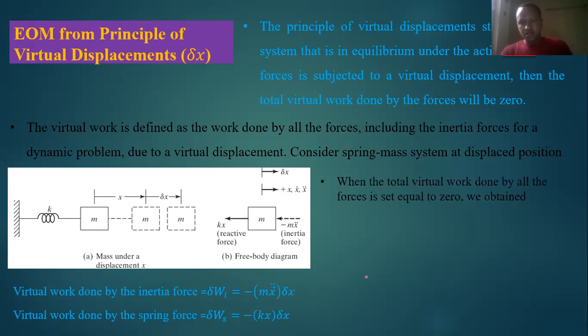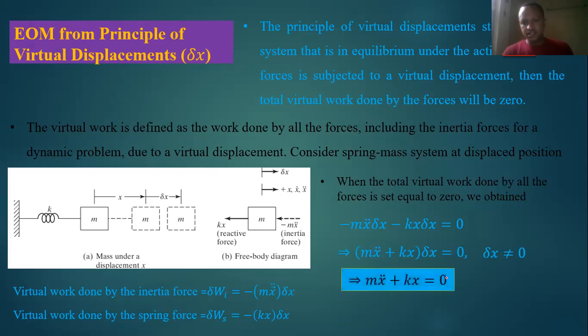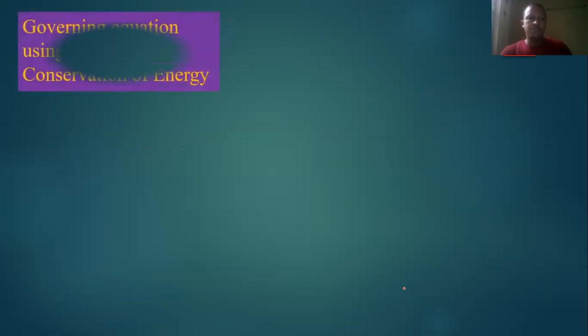When the total virtual work done by all the forces is set equal to 0, that gives m x double dot delta x plus kx delta x equals 0. Rearranging and removing the negative sign, m x double dot plus kx times delta x is equal to 0, and for delta x different from 0, finally m x double dot plus kx is equal to 0, which is another equation of motion.